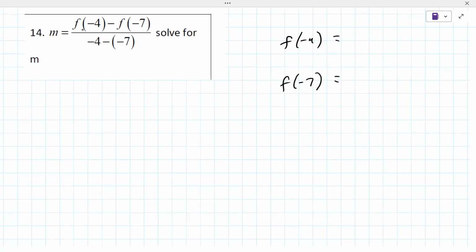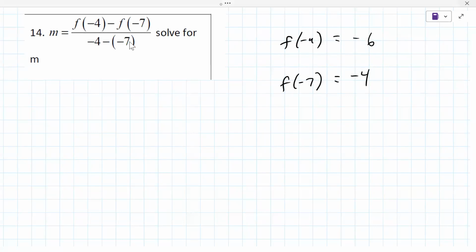F of -4 would be -6. Okay, and f of -7? That would be -4. Good.